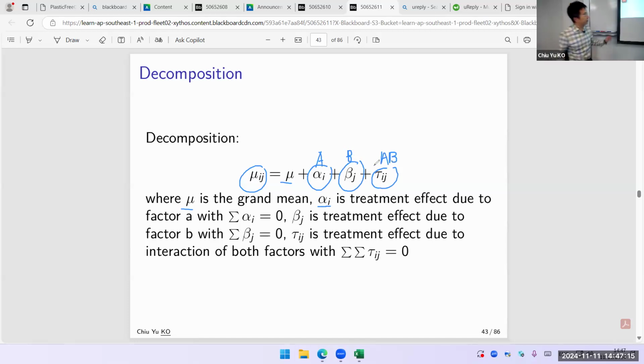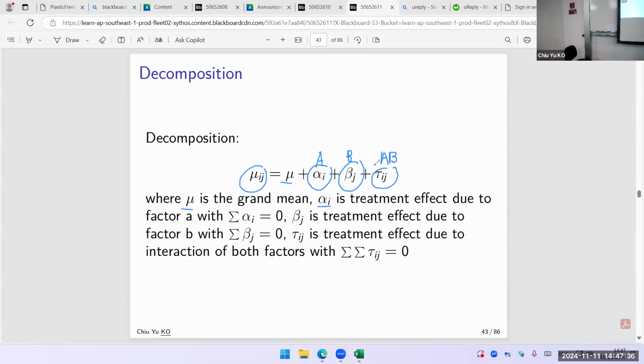right? So here A may be the impact of, say, men and women, right? Maybe men different from women. In that case, the alphas of men and women are different, right? If B are the colleges, right? And then different colleges will have different impact, right?